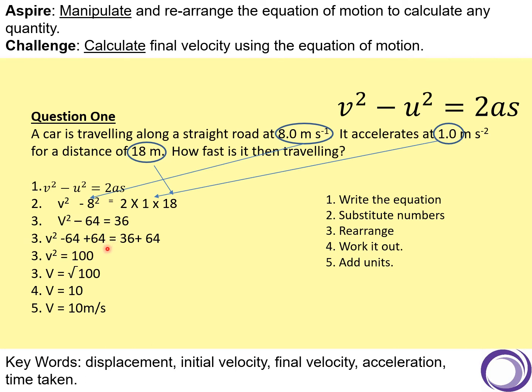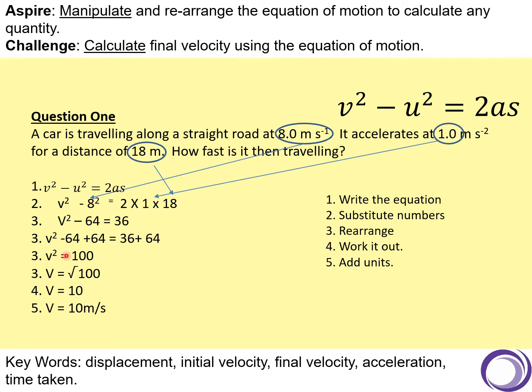So how do I do that? If I've got minus 64 and I add 64 to it, then that equals 0. And now I've just got v squared by itself. Whatever I do to this side of the equation, I have to do to this side of the equation. So I've added 64 on this side, I have to add 64 on this side.